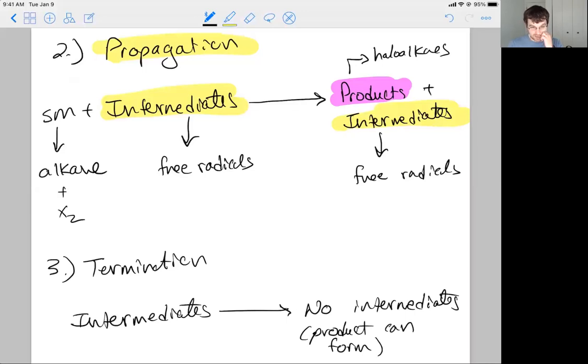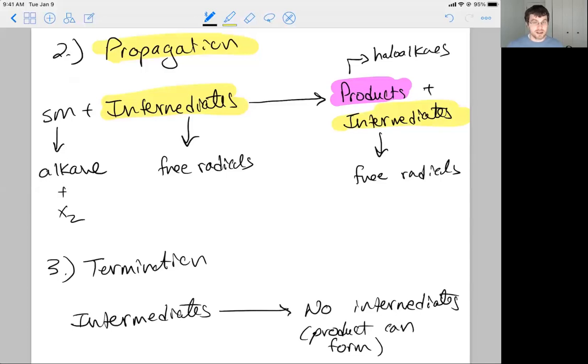Let me emphasize again, in chain reactions we like the product to be formed during some propagation step. There could be multiple propagation steps, and also multiple possibilities for termination steps. Some form products and some don't.